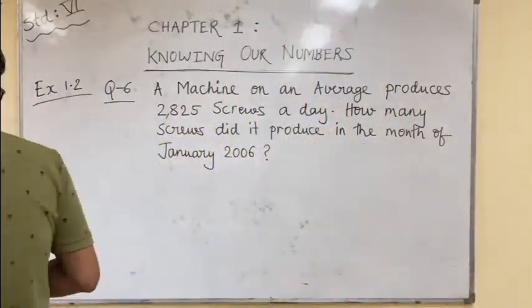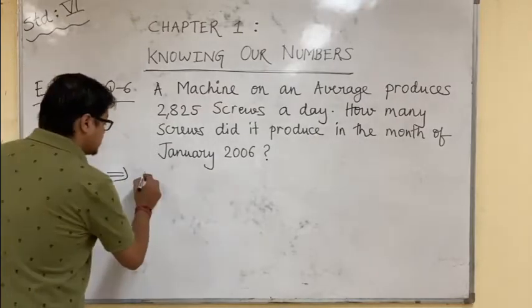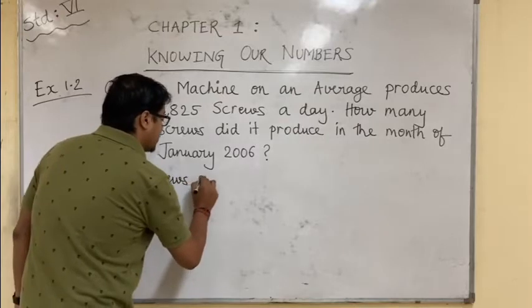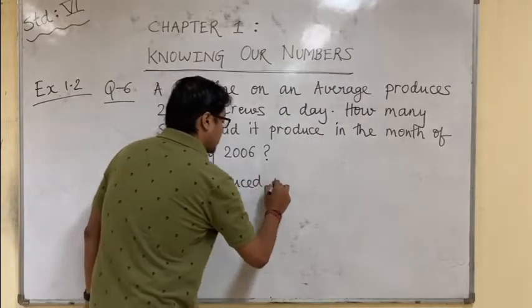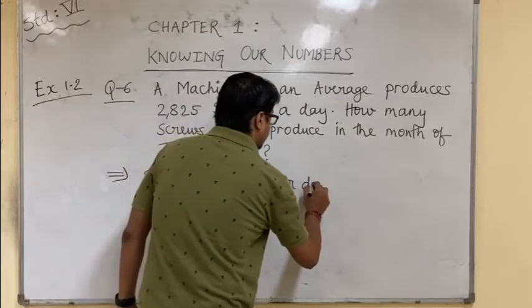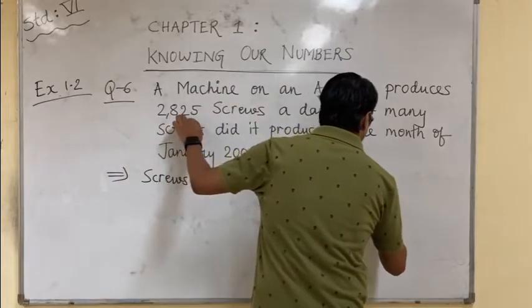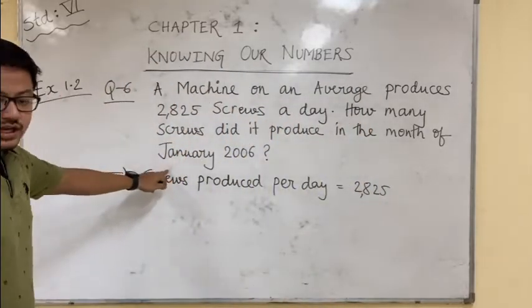Okay, so I will write the solution. Screws produced per day. How many screws are produced per day? It is 2825. How many days does January have?